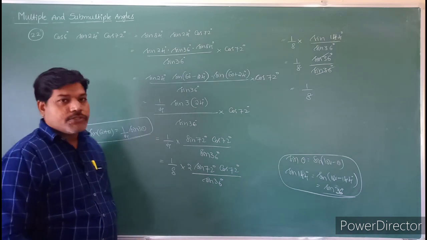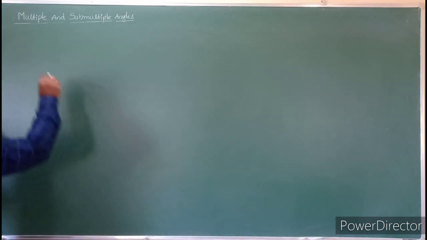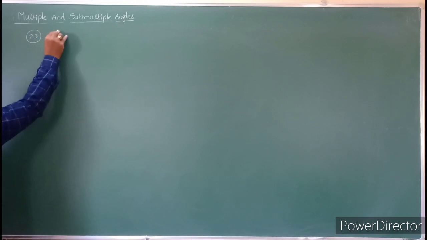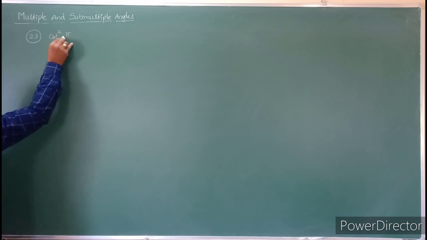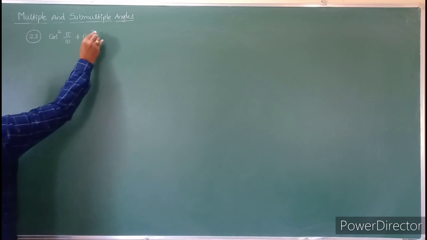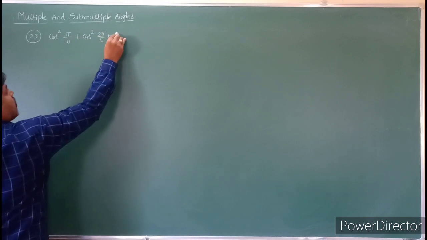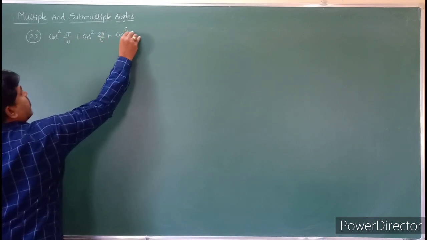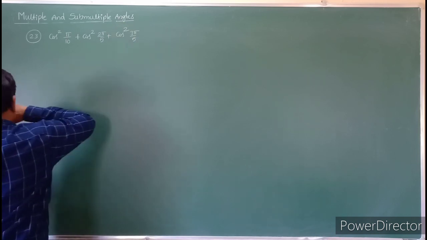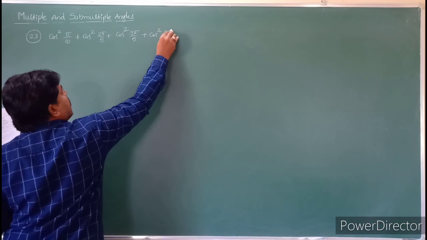Okay. So see that question, students. So see the next question, students. See question number 23. So what is question number 23? Cos square pi by 10 plus cos square 2 pi by 5 plus cos square 3 pi by 5 plus cos square 9 pi by 10.